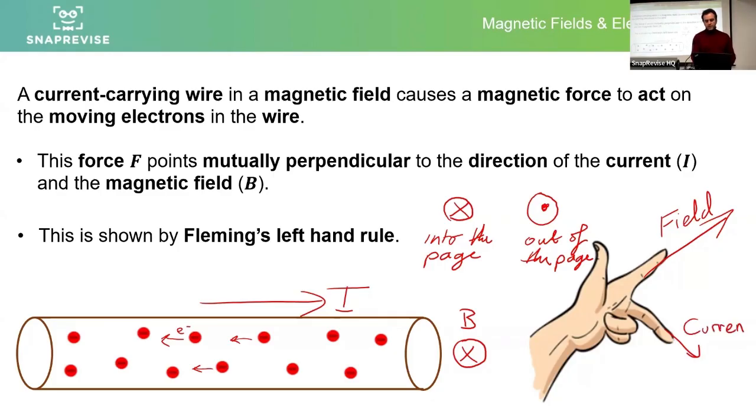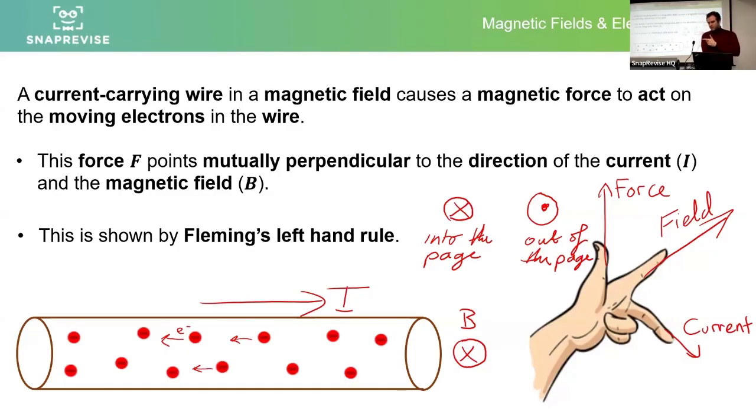Bear in mind, that is the current we are aligning with, not the movement of the electrons. And the thumb will therefore point the correct direction. Thumb has an M, so that's where the motion is. Or alternatively, you can just say, look, it's a flagpole. That's where the force comes in. Whatever mnemonic works for you, as long as you've got field, current, and force.